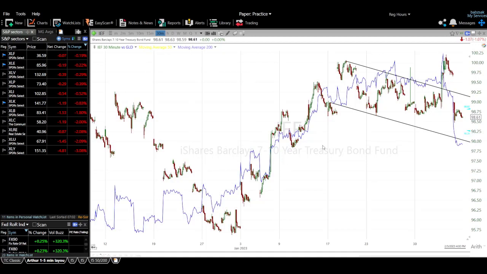So IEF is a treasury bond fund. Treasury bond prices move opposite of yields. So you can see a very strong relationship between gold, or GLD, and treasury bond funds, which means a very strong negative or inverse correlation with yields. So Friday morning strong data sent the dollar higher, sent yields higher, sent gold lower.